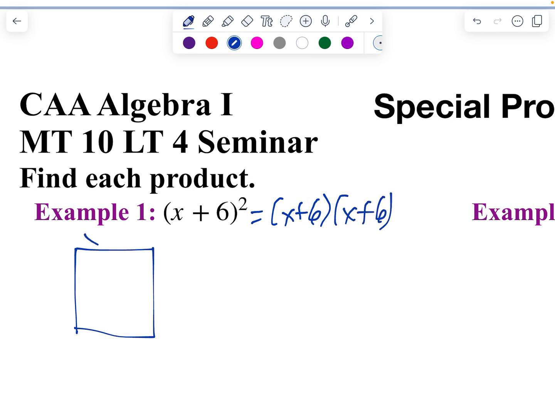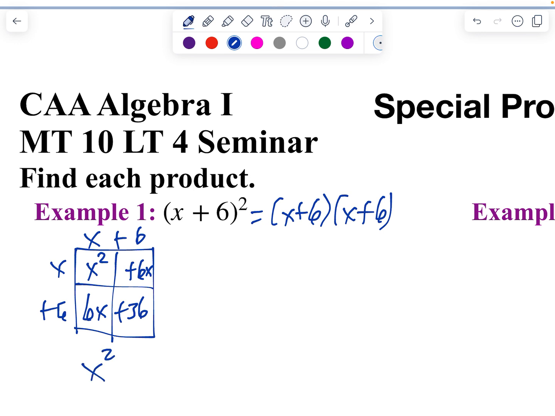So I'm going to say x plus 6 times x plus 6, and then I'll get x squared plus 6x plus 6x plus 36. So we get x squared plus 12x plus 36.